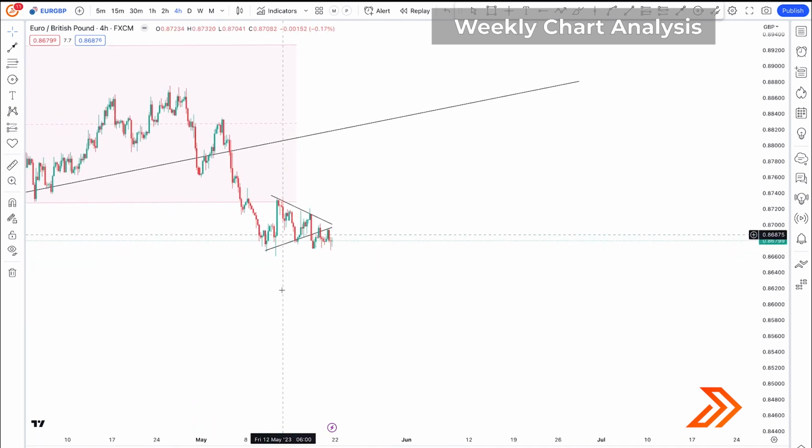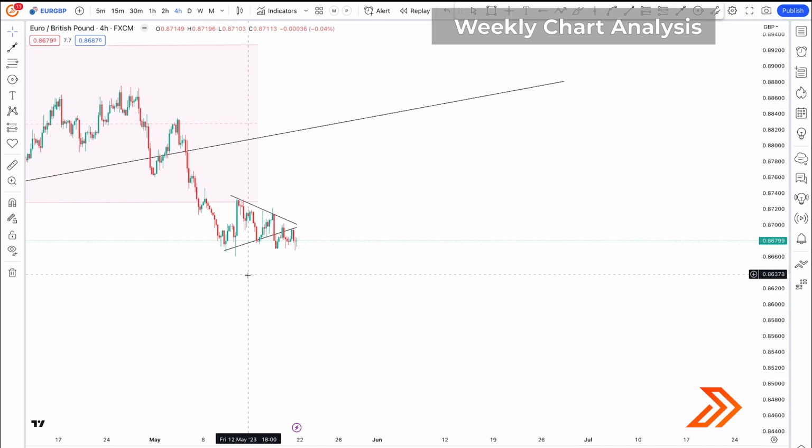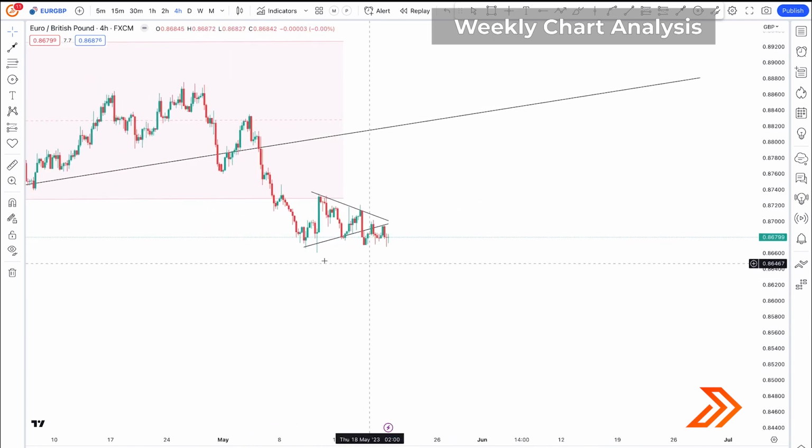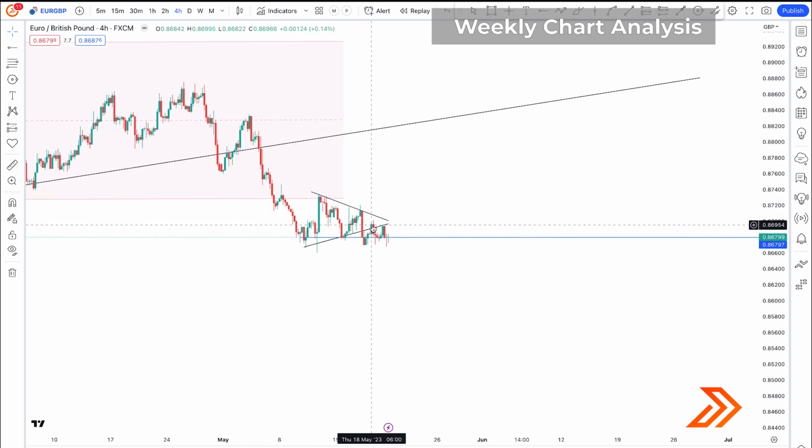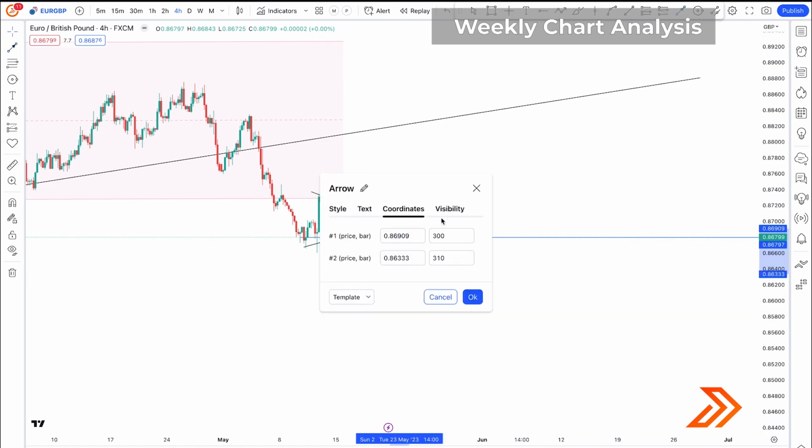It's a mini bearish wedge rather, and this is an important zone here, because price has been testing, made a fake out, pin bar, went back up, and then consolidated within this wedge, had a breakout, went back up again, tested it, came back to this support channel, and then went back up again, and then formed dojis, indecision candles. So I'm expecting some sort of bearish move on euro pounds.